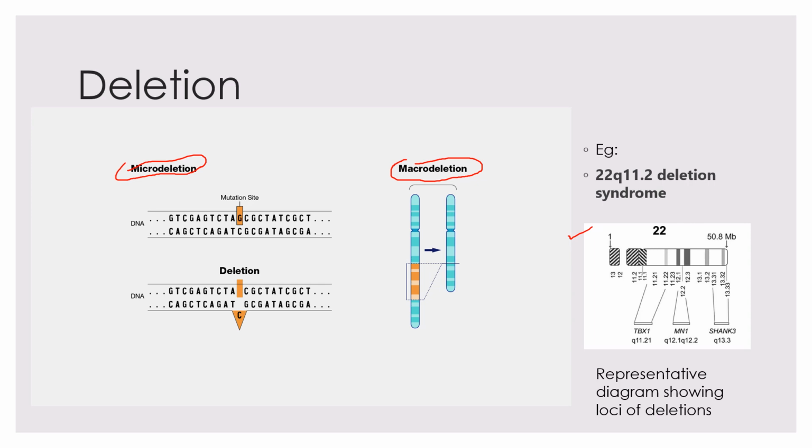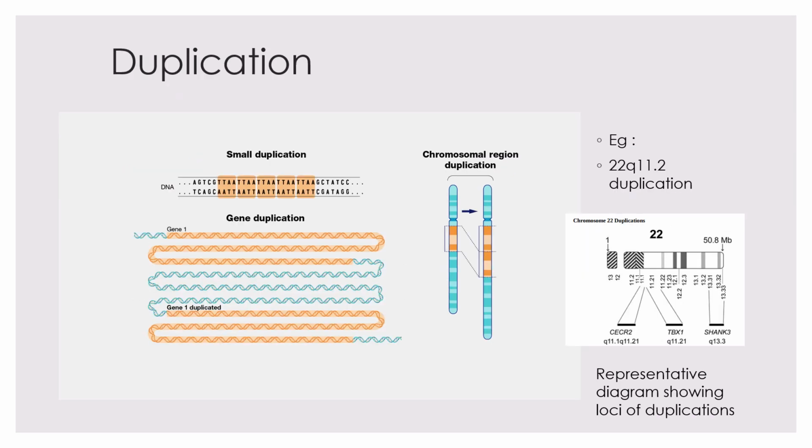In chromosome 22, a deletion in the Q arm at region 1, band 1, subband 2, 1.2 leads to a syndrome called the 22q deletion syndrome or the DiGeorge syndrome. That region is also prone to duplication sometimes.